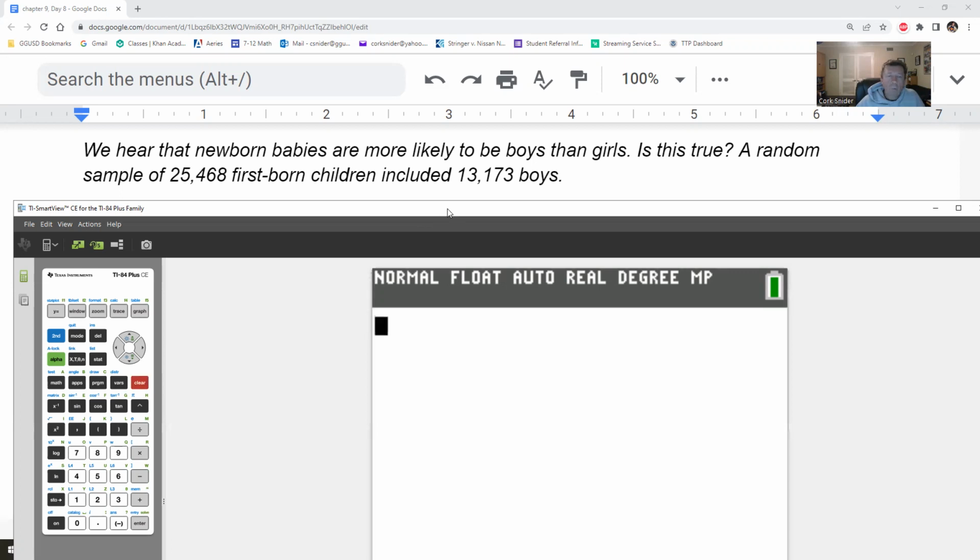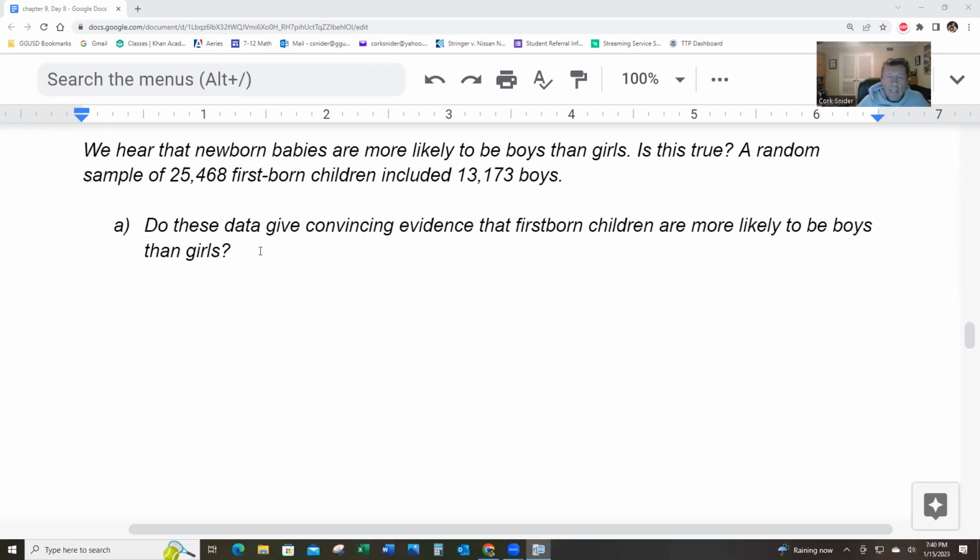All right. So they asked, do this data give you evidence? This is a 4-part response. You have to do a 4-part response. So let's walk through it step by step. So you need lots of paper on this. So first thing, H0. Let's do a good job on this. H0. I'm going to use pi.